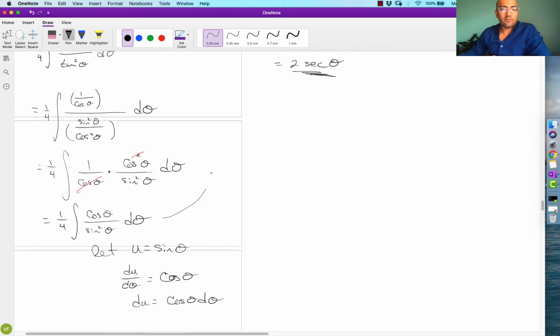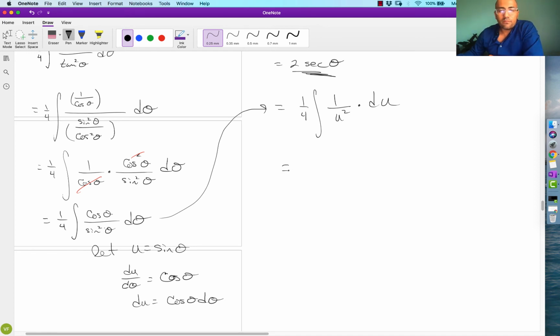So let's put that over there. So this then becomes 1/4 the integral of 1 over u squared, that's 1 over sine squared, right? 1 over u squared, times du. Good.